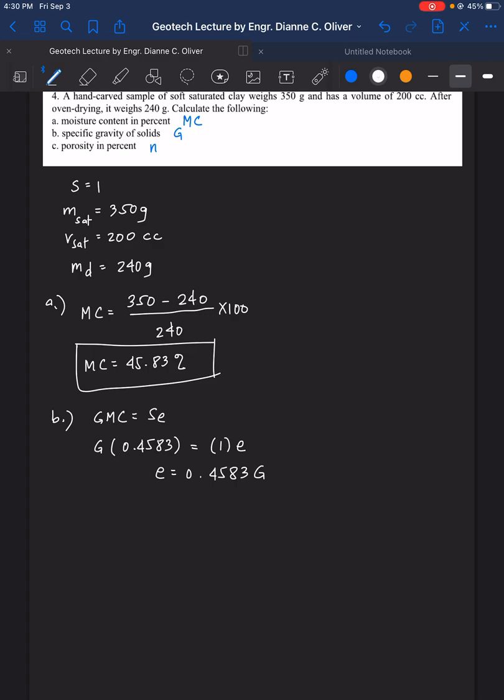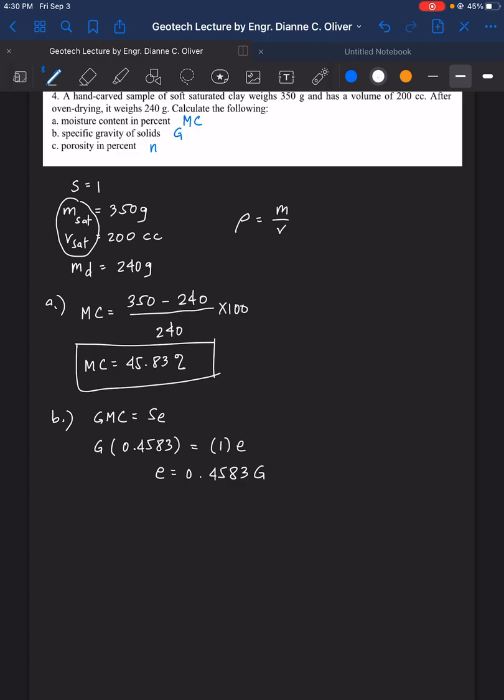Now take note, from the given we have mass over the volume. So what do we get if we have mass over volume? We get density. Density is equal to mass over volume.